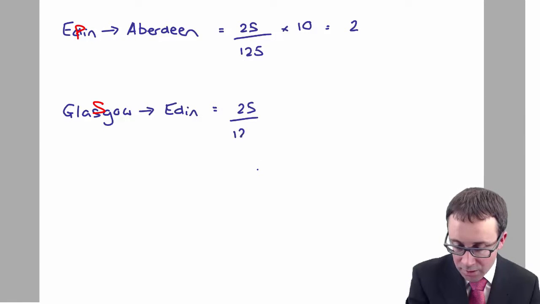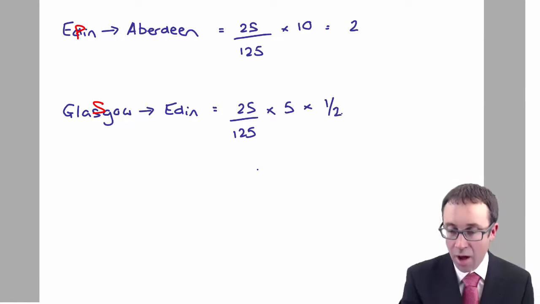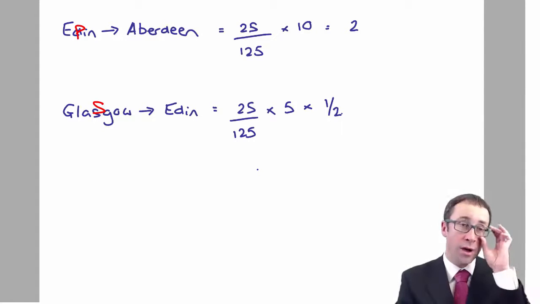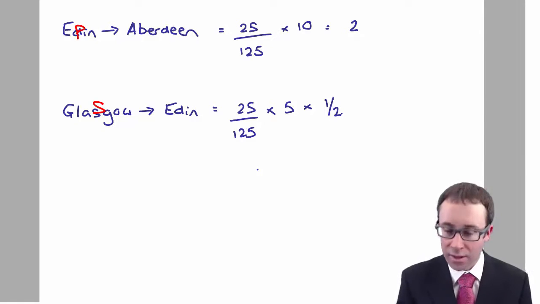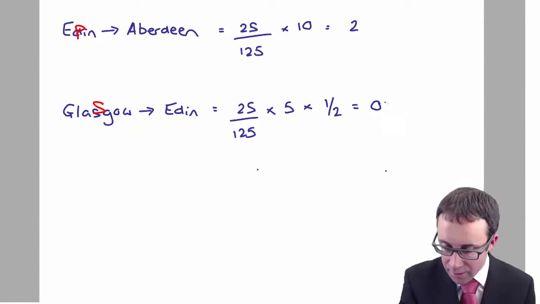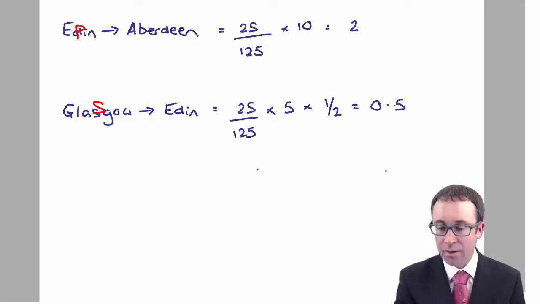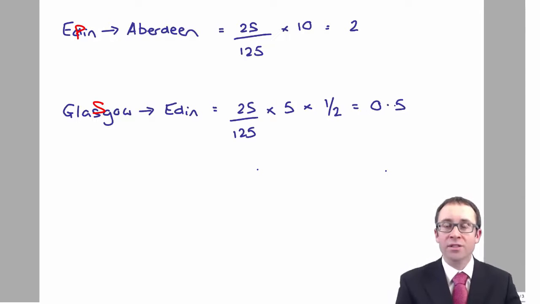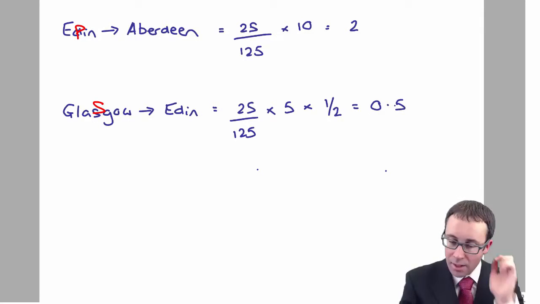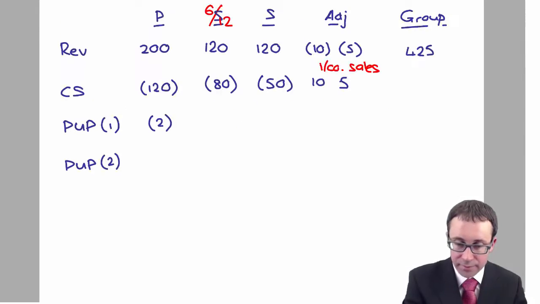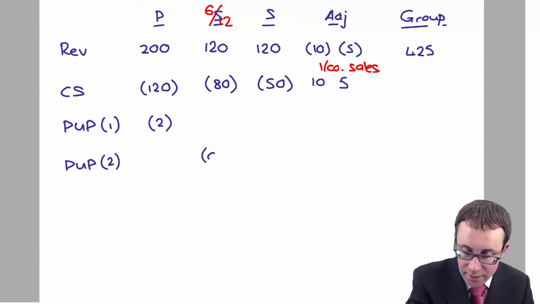So this markup 25/125ths multiplied by 5. But remember, half of the goods had been sold, so half are left in inventory. If you tap that into your calculator, I'm reliably informed that that is 0.5, isn't it? Okay. So 0.5 is then what appears there.